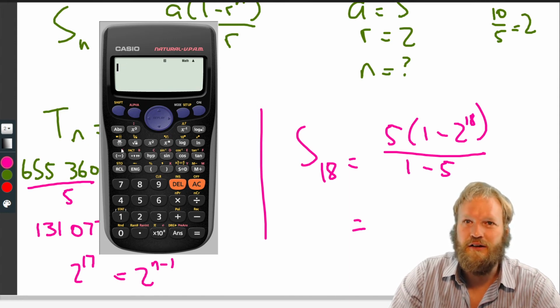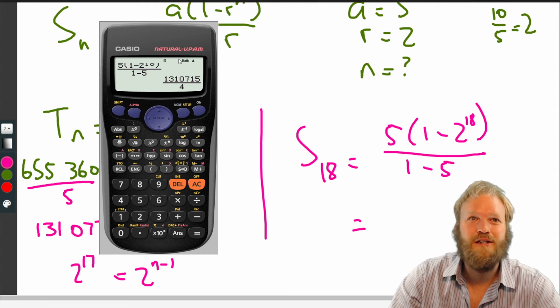We've got a fraction, and we've got 5 times (1 minus 2 to the power of 18) over 1 minus 2. What do we get?